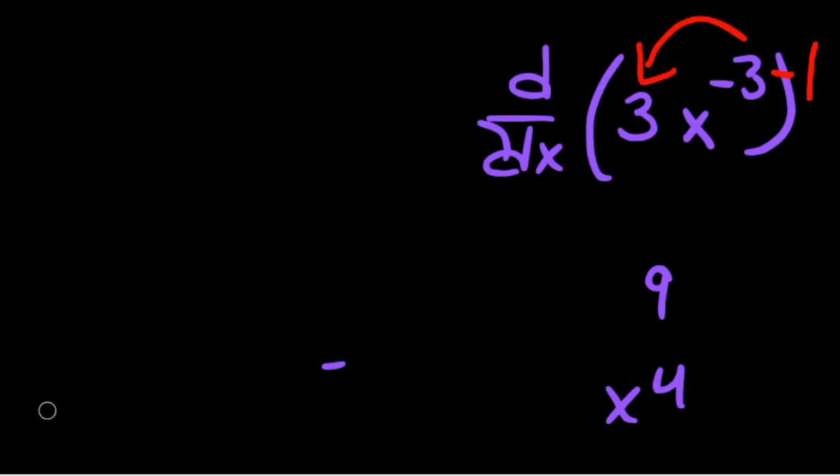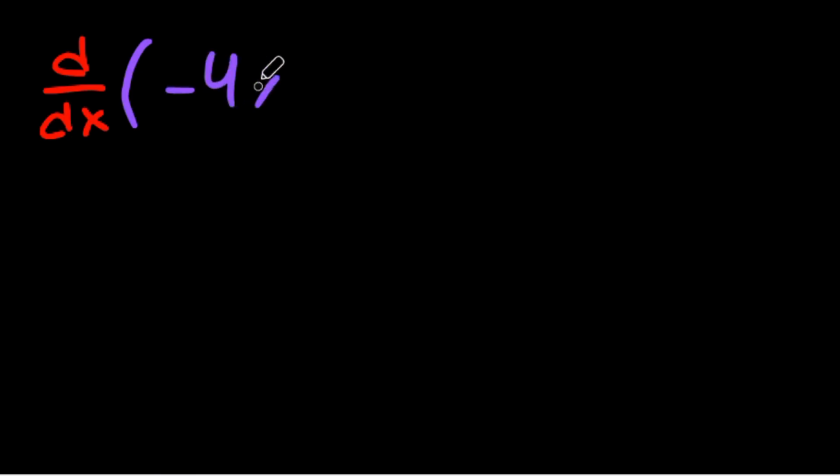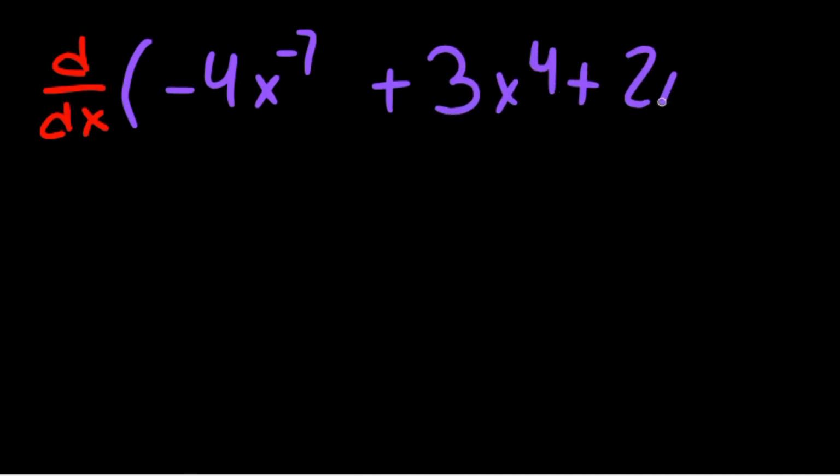So here's a challenge for you guys to test your skills. I'm going to make a problem. We're going to differentiate the following: negative 4x to the negative 7th plus 3x to the 4th plus 2x to the 3rd plus x.